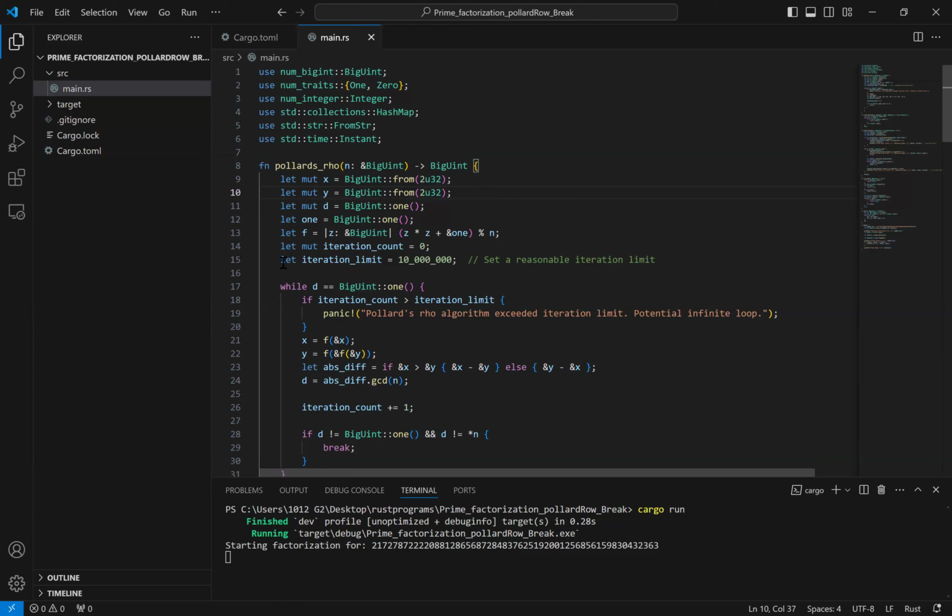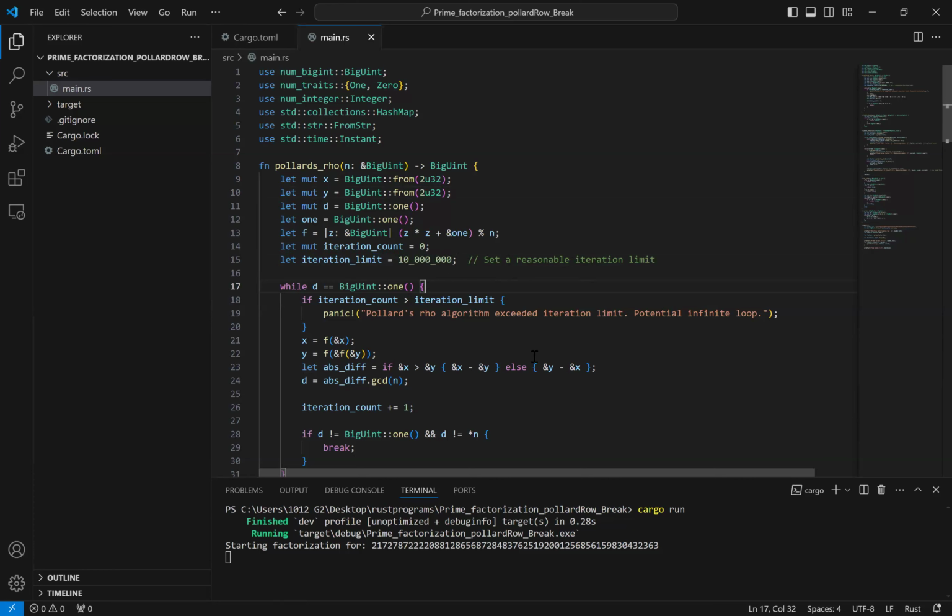Now, for the number of iterations, I've put the limit at 10 million. Those are the number of times it's supposed to check for prime numbers. It's supposed to check 2, check 3, check 5, and so on. I've said let's try to do 10,000 iterations.